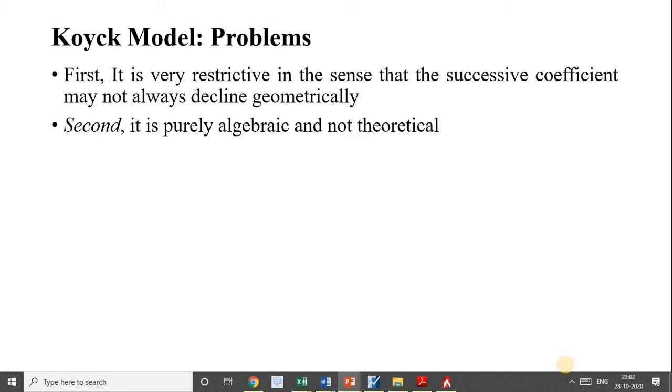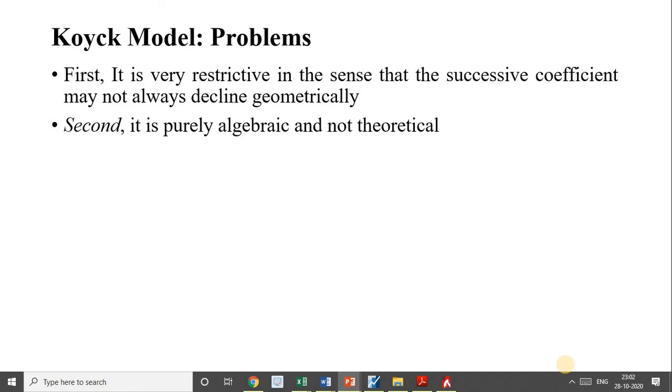That may not happen. Sometimes betas may have different signs. Some lagged coefficients may be positive and some negative. Sometimes they may increase and decrease, so it may not always decline in a geometric progression.